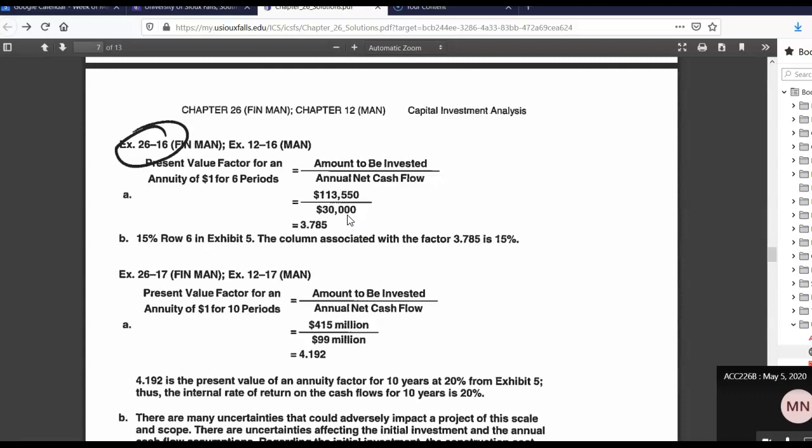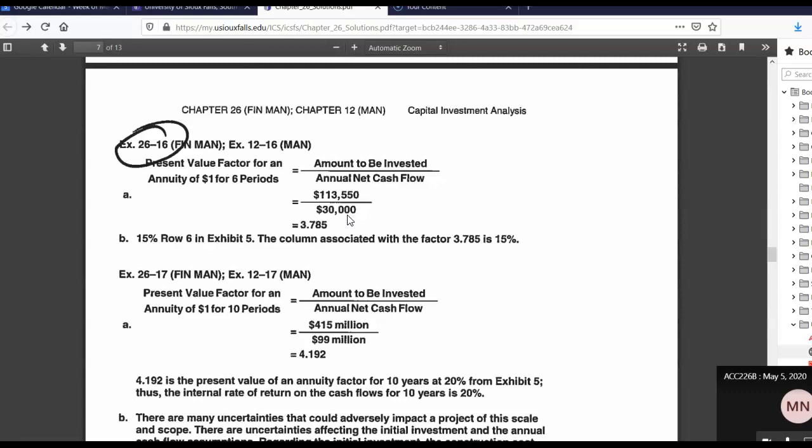That 3.785 is nothing more than the factor. And let's look at this formula, which is amount to be invested divided by the annual net cash flows. And that may or may not ring a bell with you, but that actually is the same as cash payback.